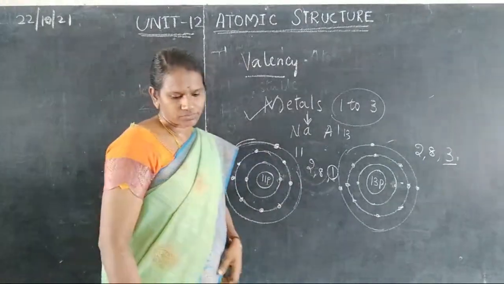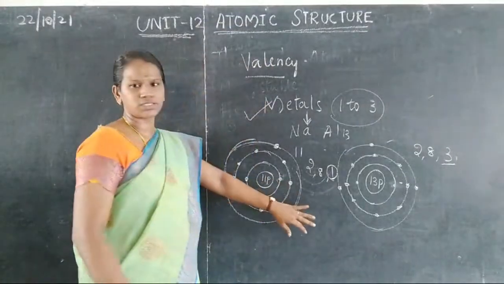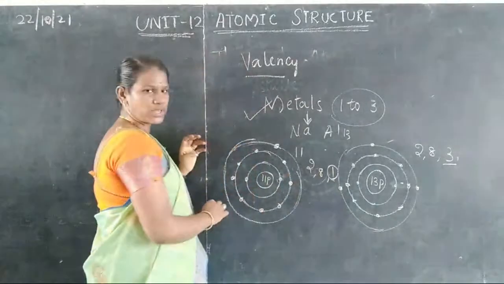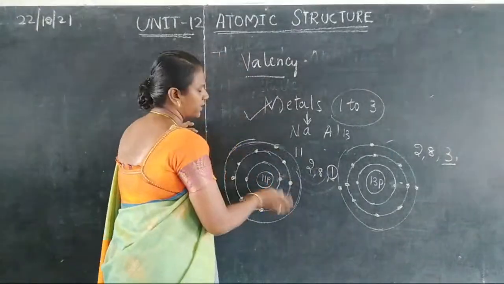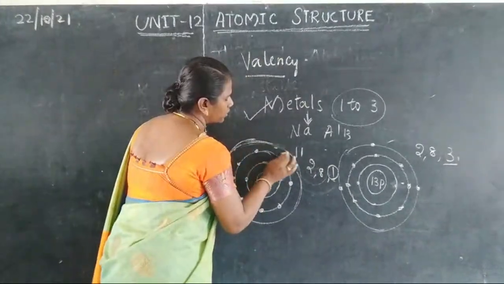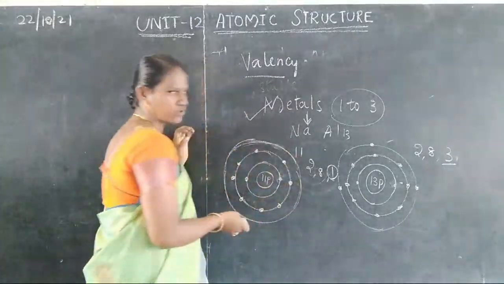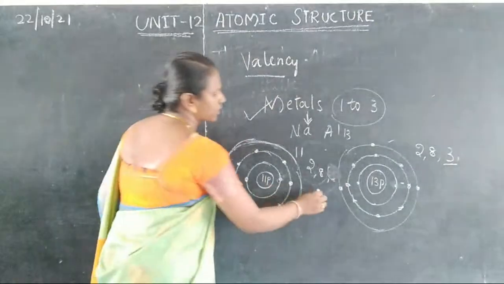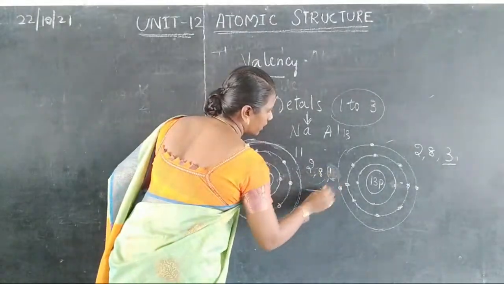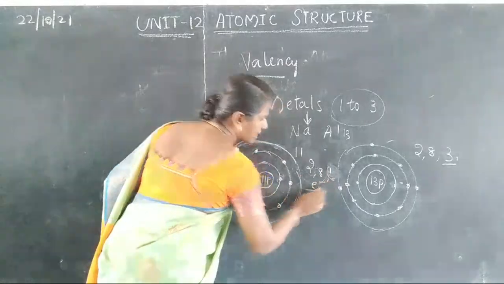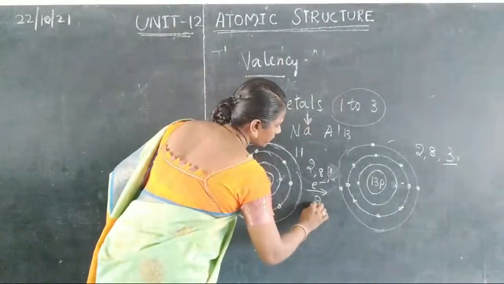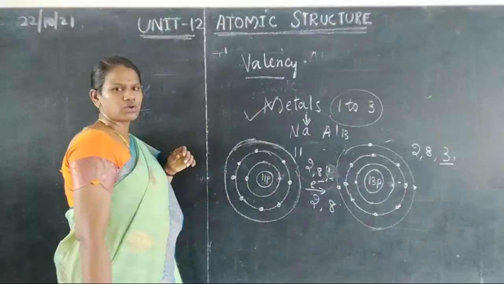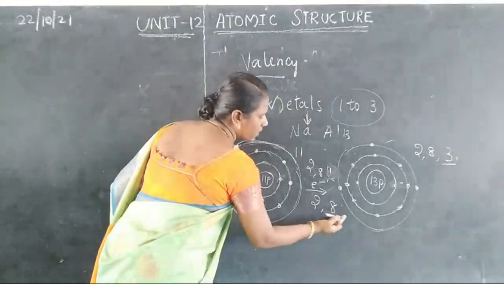So to make it stable, what is sodium doing? If sodium loses 1 electron from its outermost shell, its electronic configuration becomes 2, 8.